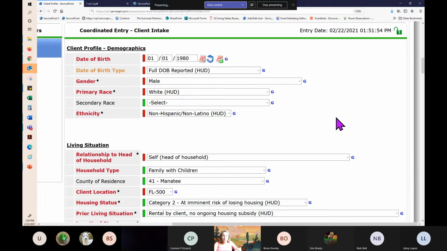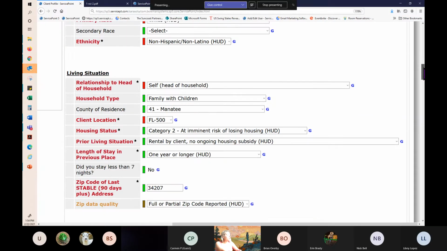But the data consistency report cards were really brought about because clients that were entering our coordinated entry system, their stories were not being told in a manner that was consistent with the data that was entered into CSIS historically. So for instance, this is a great example. This client is identifying to us that they are literally homeless.